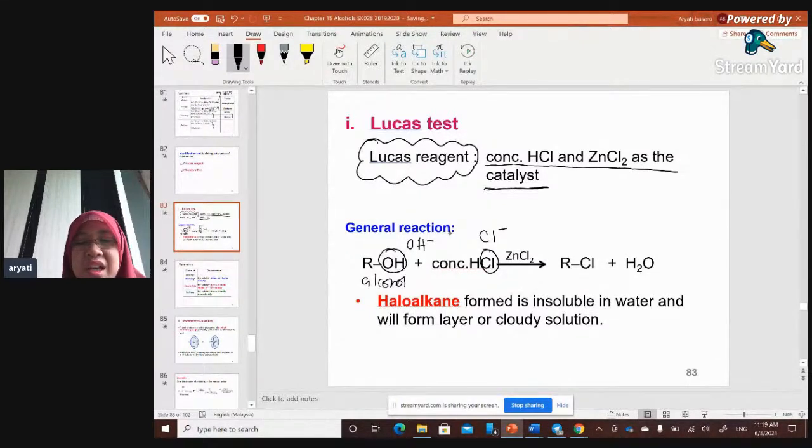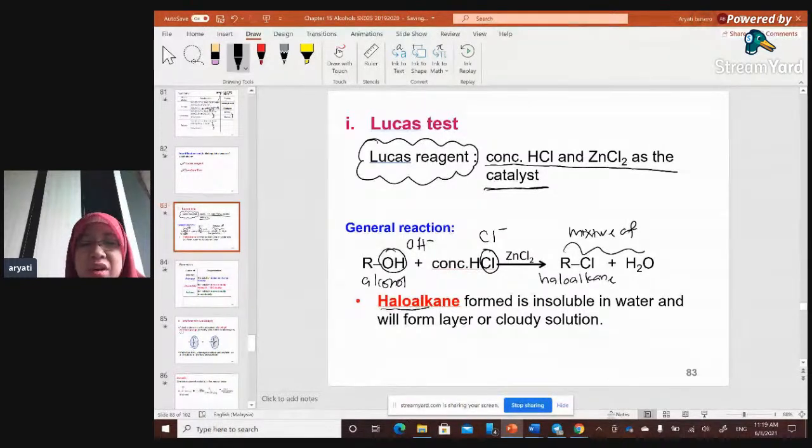RCl is a haloalkane, so we get a mixture of haloalkane and water.